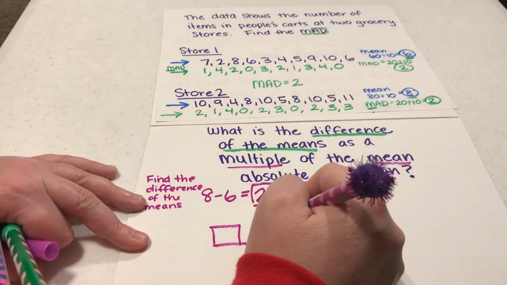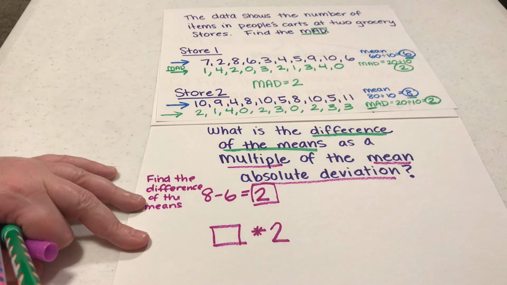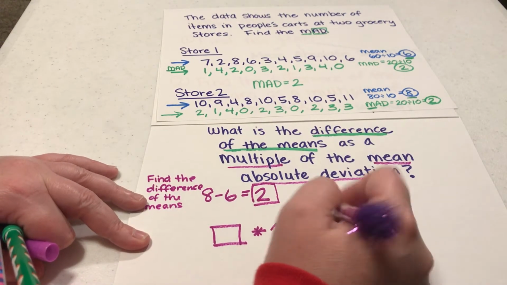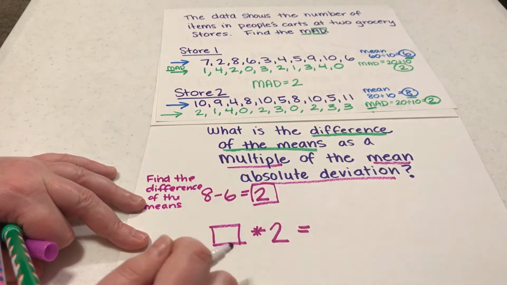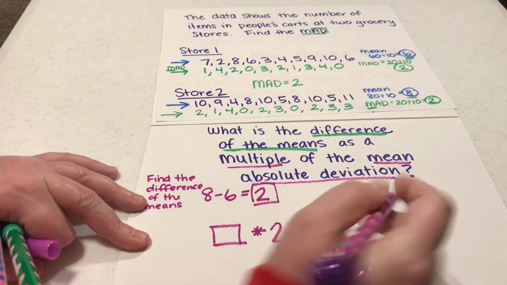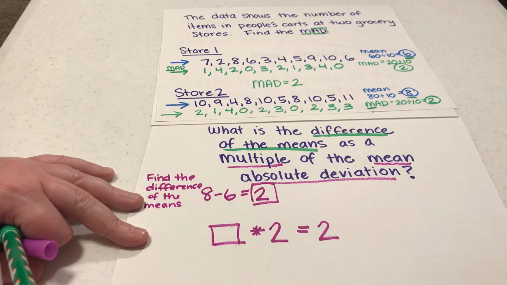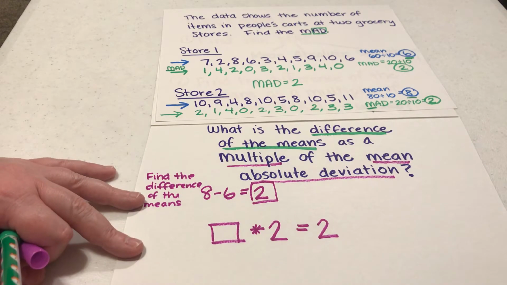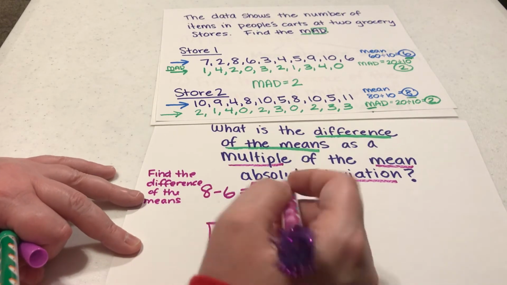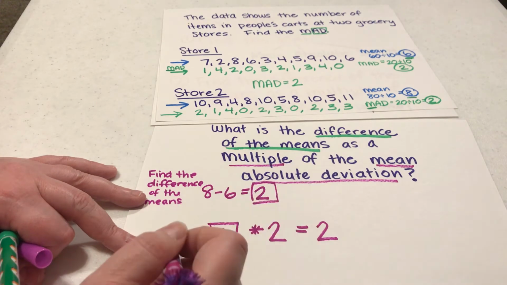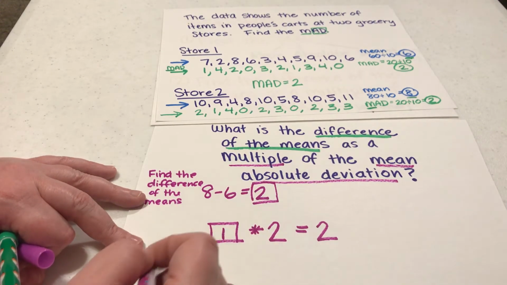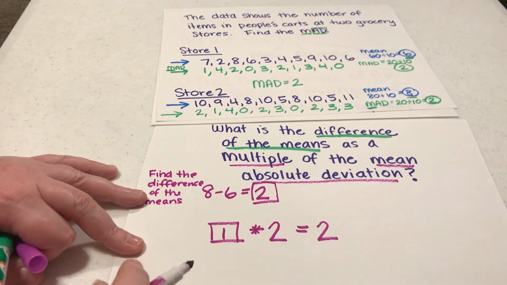That's our 2. Some number times 2 is going to give us our difference of the means, which is 2. So what number times 2 is going to give you 2? You got it. It's 1. In this case, our difference of the means as a multiple of the mean absolute deviation is 1.